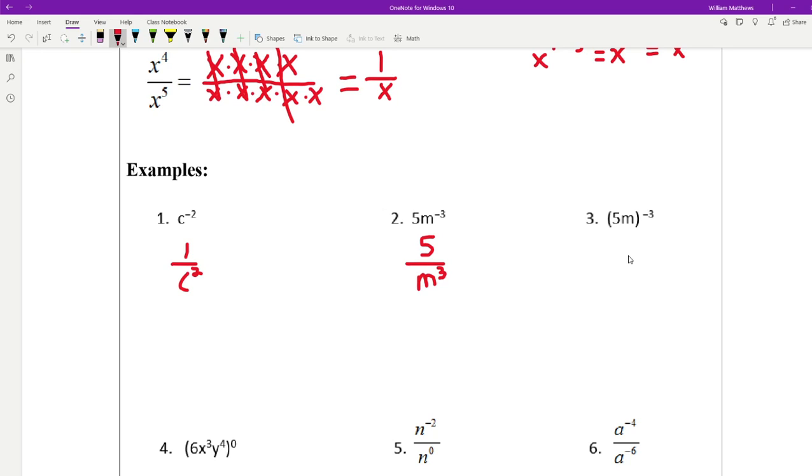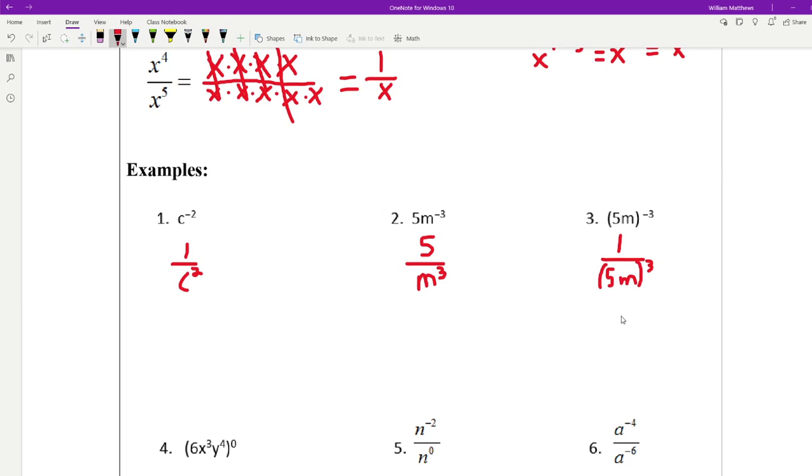Number 3 example shows that we are actually affecting the 5 as well as the m. So if we wanted to real quickly, we could change it to where the exponent affects both.